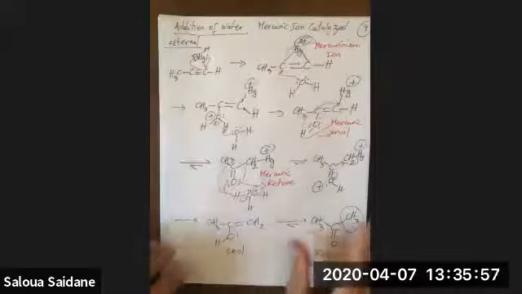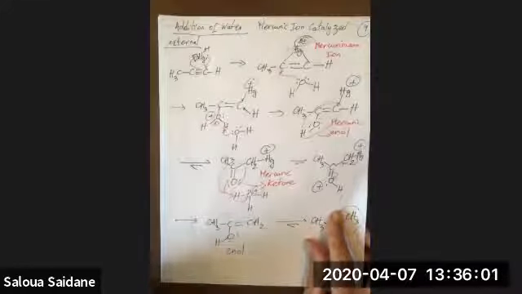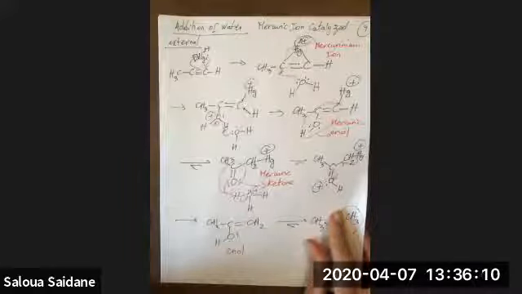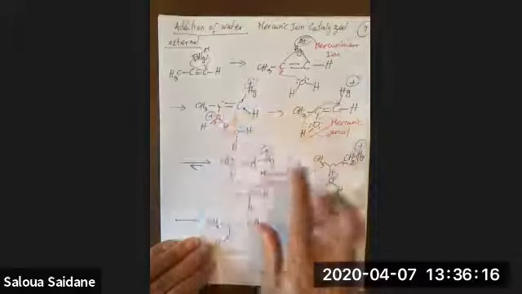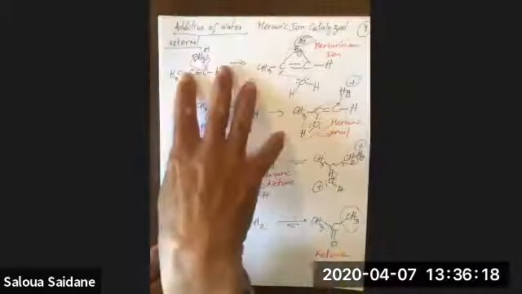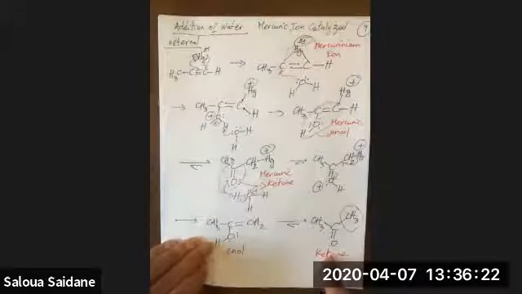Okay, so now what's next? If we keep consistent with the previous chapter, we added water, we added halogen, we added HX. We also did the hydroboration oxidation. Now, in the previous chapter on an alkene, we end up with alcohols. In here, you saw that with an alkyne, we end up with ketones, okay?